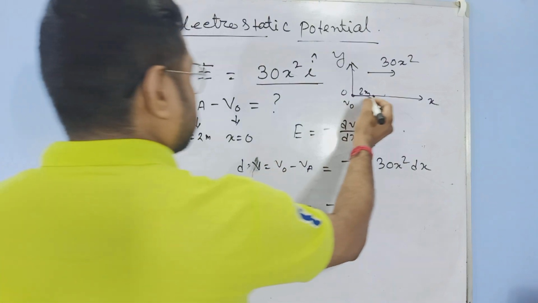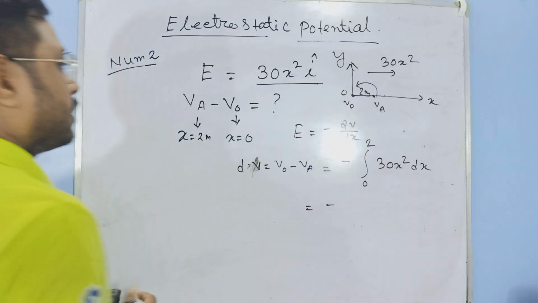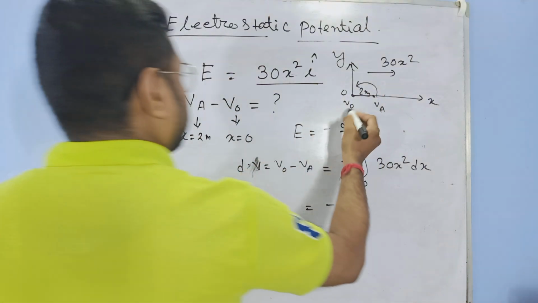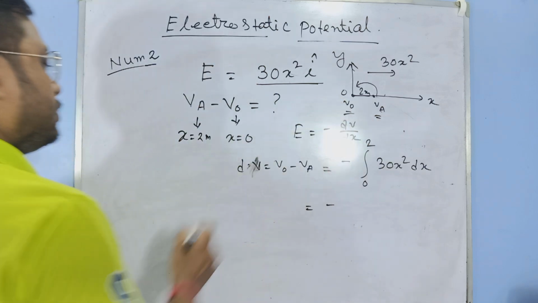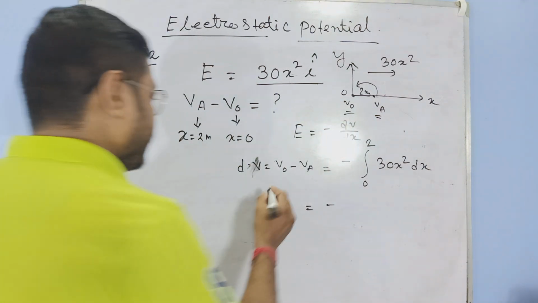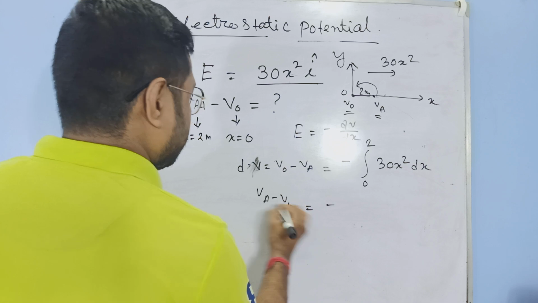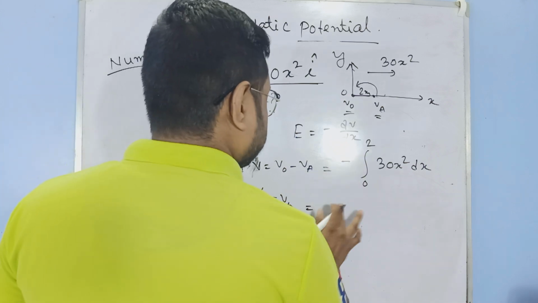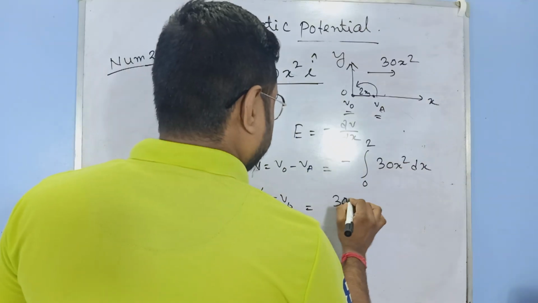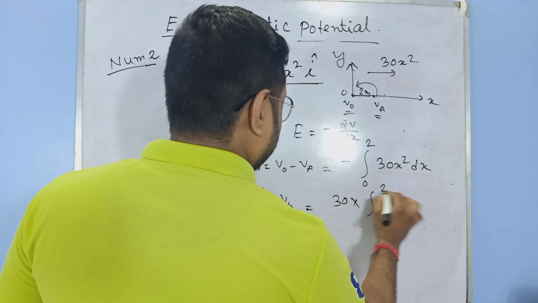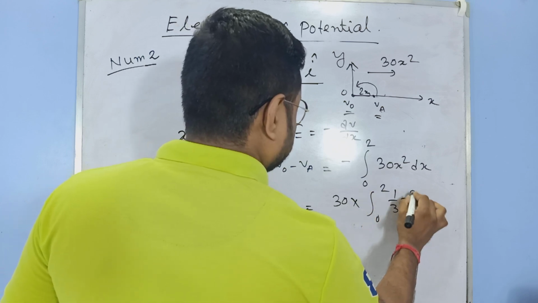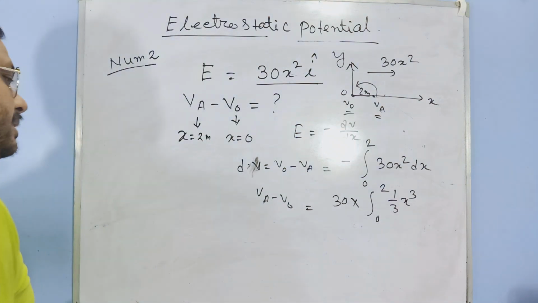So because we know the potential of VA minus V0, we can get here VA minus V0 equal to, this should be plus, 30 into integration 0 to 2 of x square dx, which is 1/3 x cube.